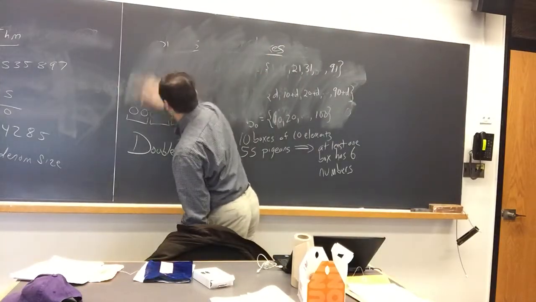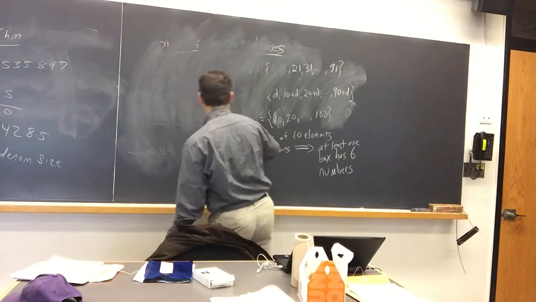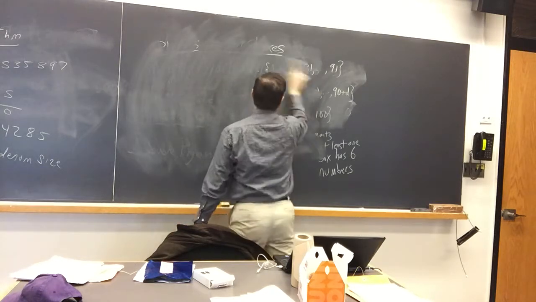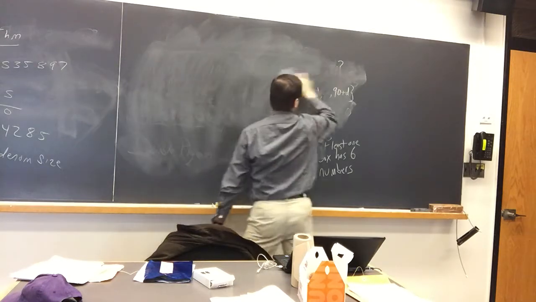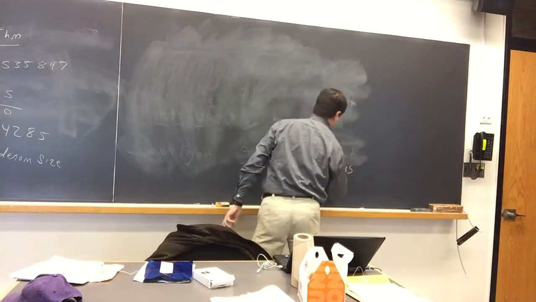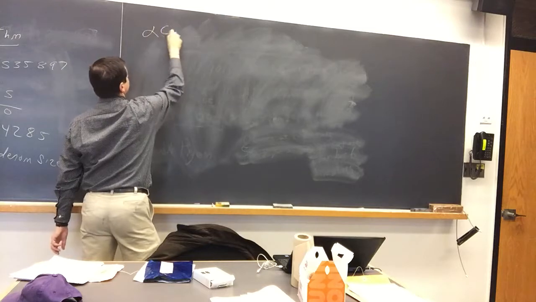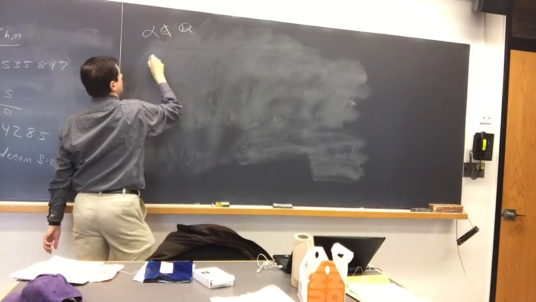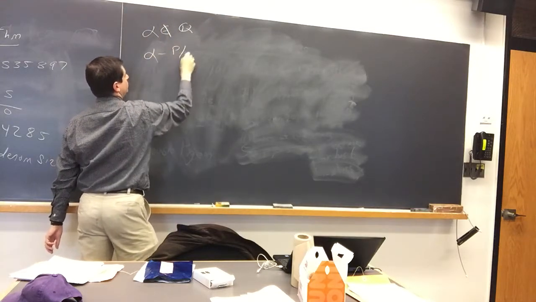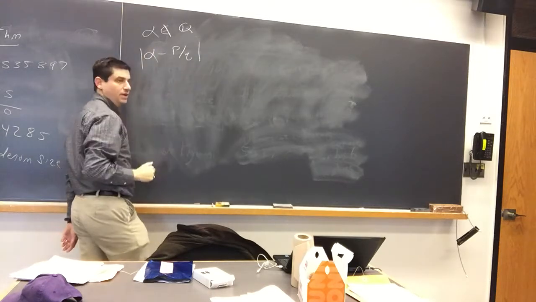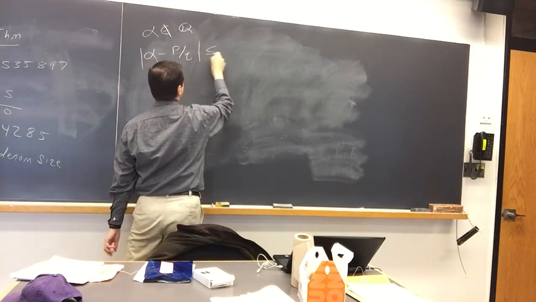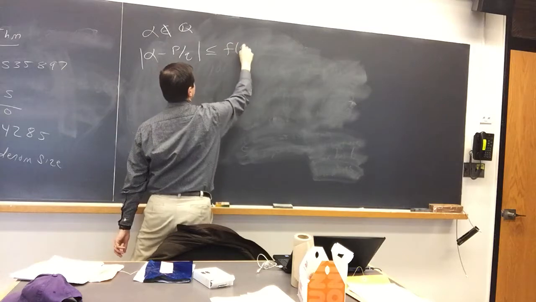So what we'll do now, we're going to look at alpha is irrational, and we want to look at alpha minus p over q. And we want to write this as less than or equal to some function of q.